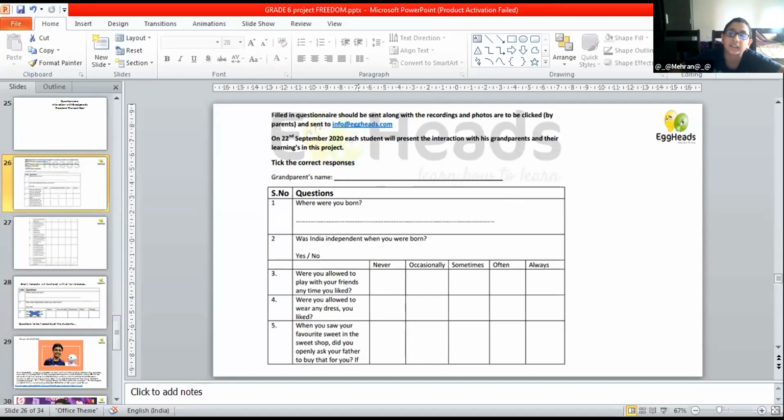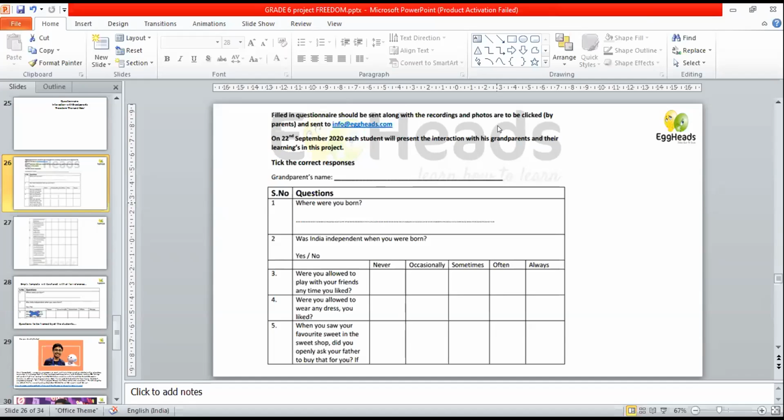But ma'am, I can't express that in words. Mehran, can you share your screen and show me how to do it? Yes. I can't share while ma'am is also sharing this. Shobna ma'am, can you stop sharing for a minute?